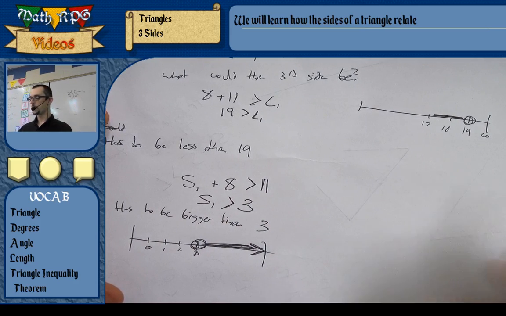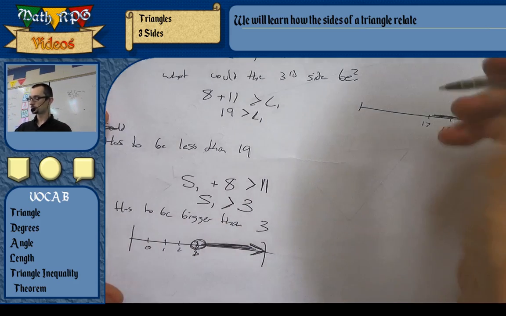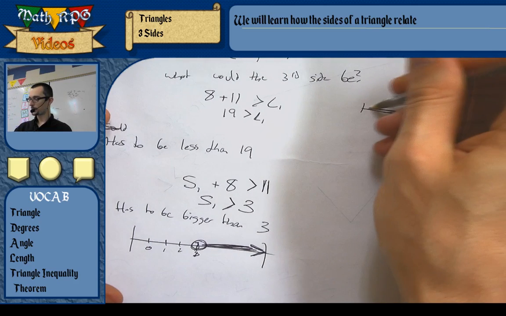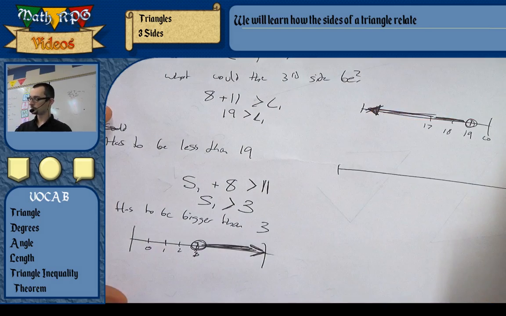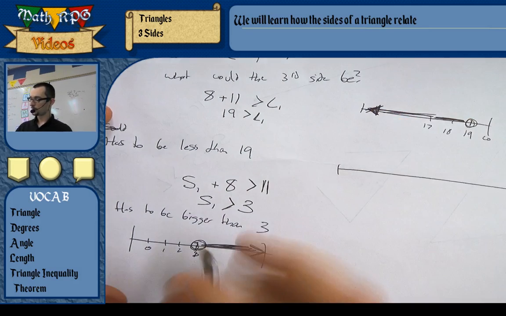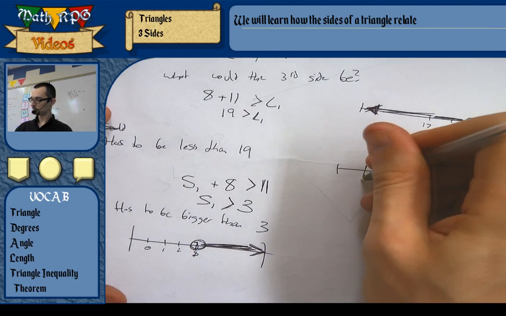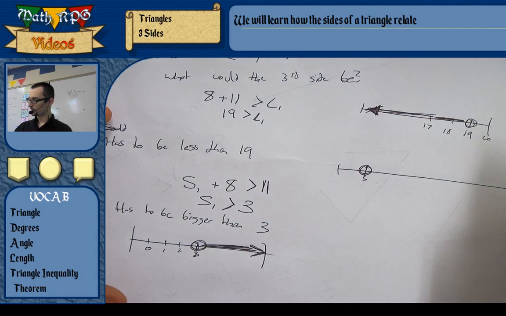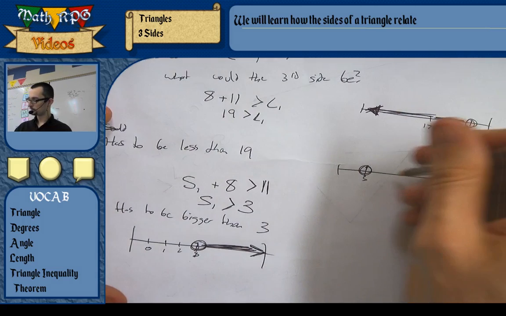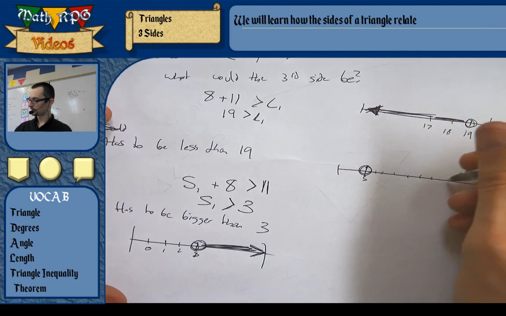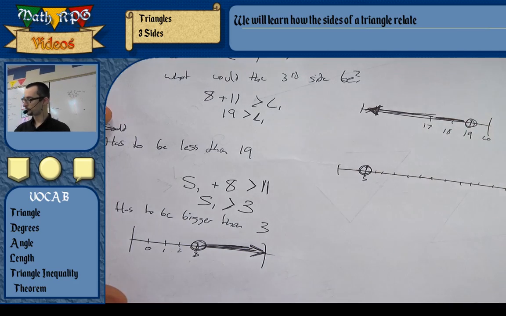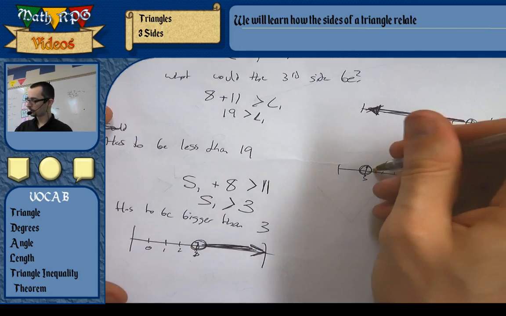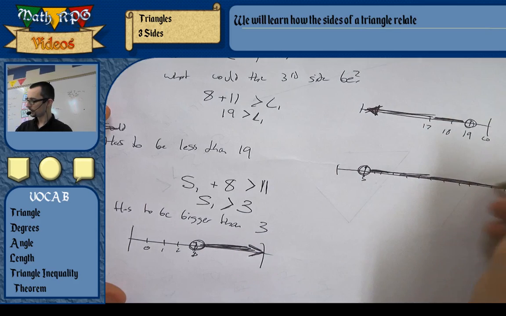So guess what? I can combine these two inequalities and my two graphs and put them together. I would have a number line going from 3, open circle, all the way up to open circle 19. There's 4, 5, 6, 7, 8, 9, 10, 11, 12, 13, 14, 15, 16, 17, 18. It would be all the numbers between 3 and 19.